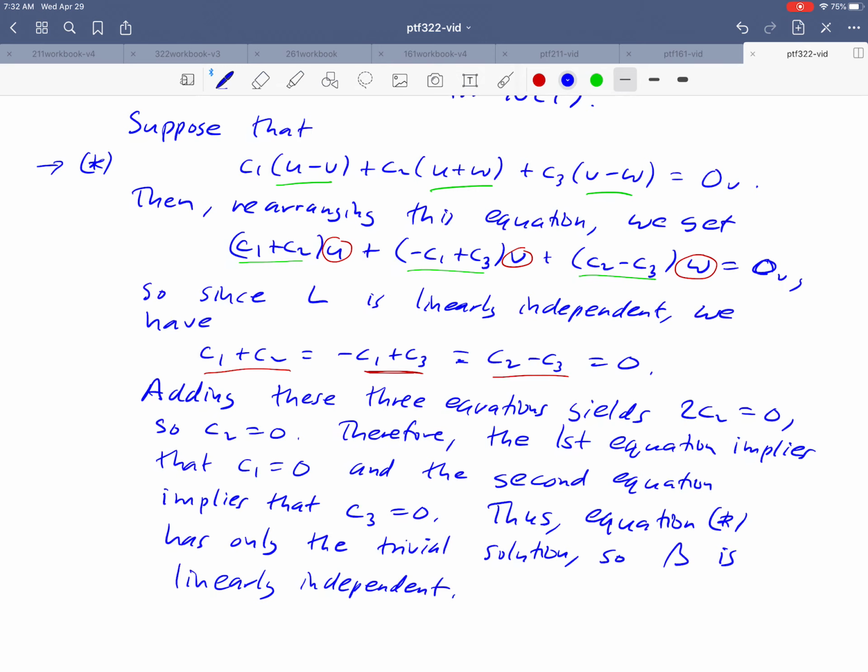We already showed that the dimension of our null space is 3, and putting that together with the linear independence, we are done. So by our previous remarks, beta is a basis. Okay, and we're done.